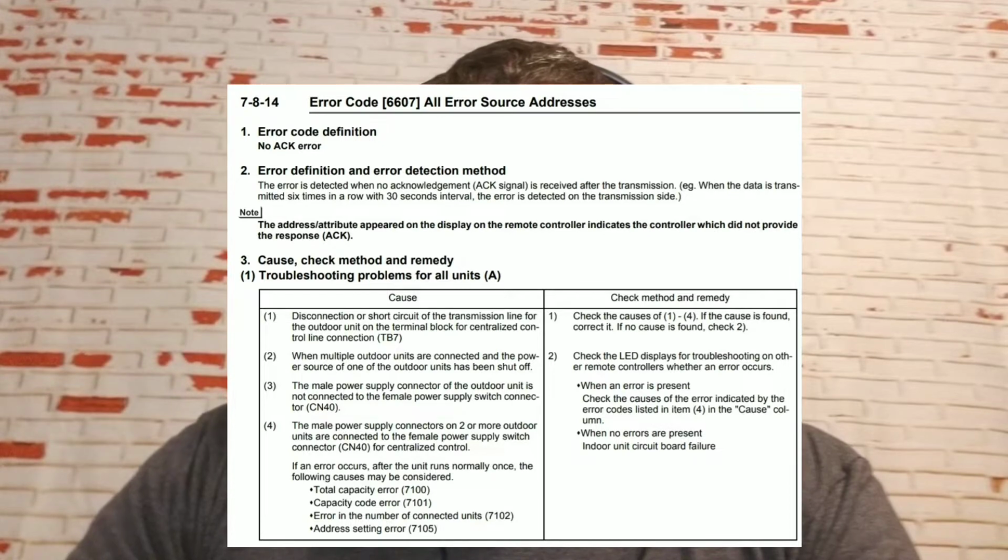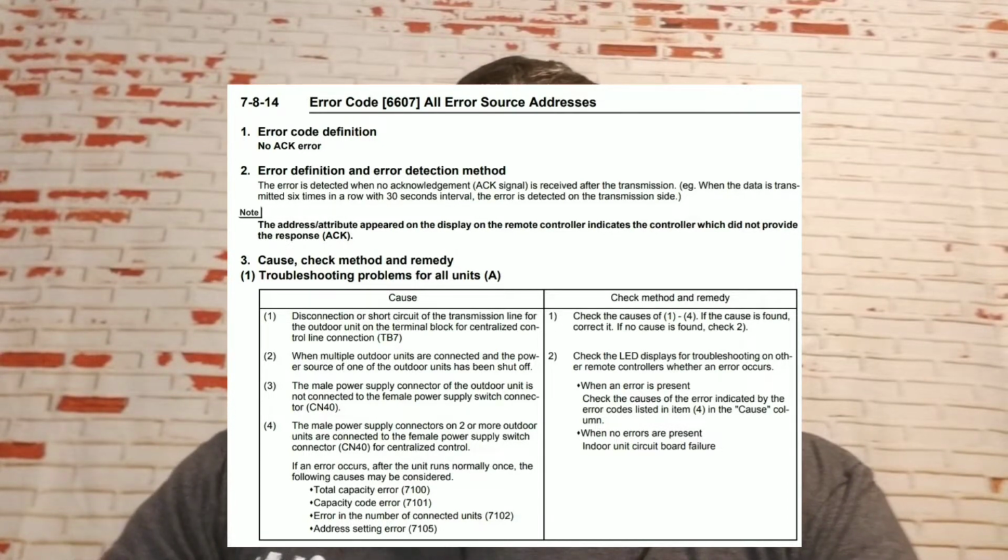Interference being put into the lines, sometimes you'll find a big spool of that stuff just up on a unit. They thought they'd need some extra length and they left it there. All of those things can cause those signals back and forth to get lost or to not be clear, and can cause these communication errors.